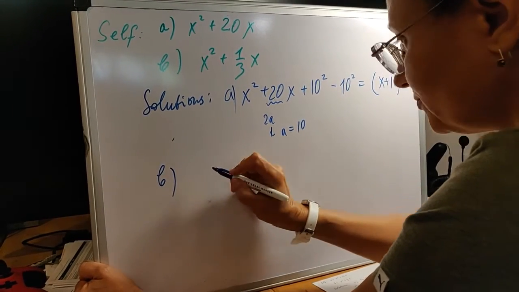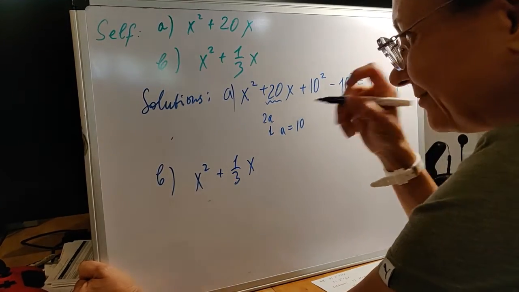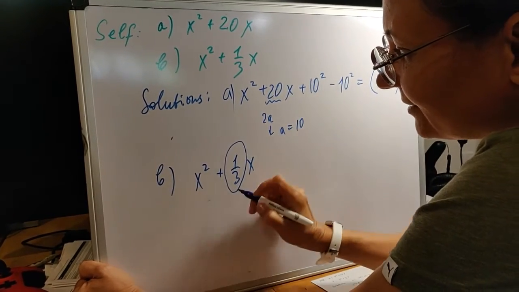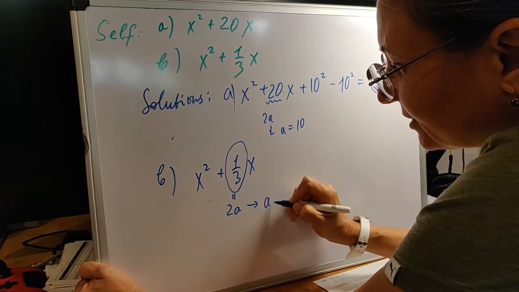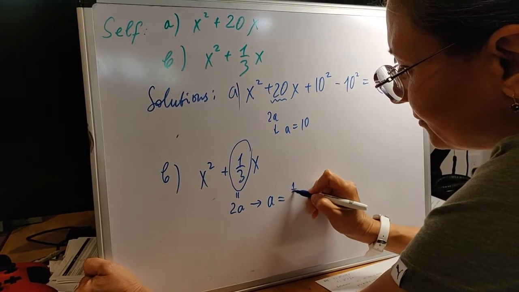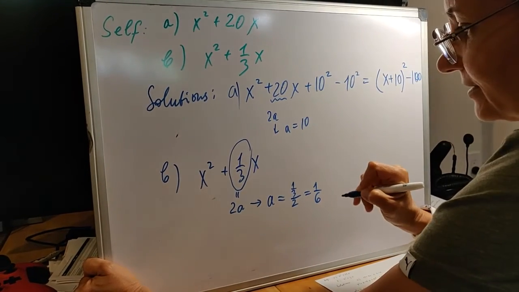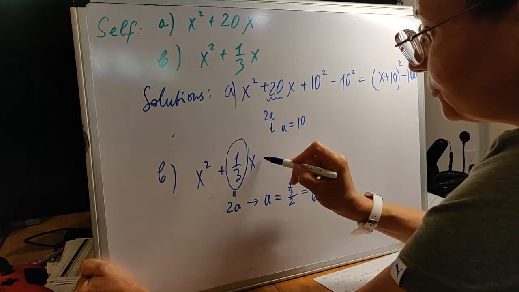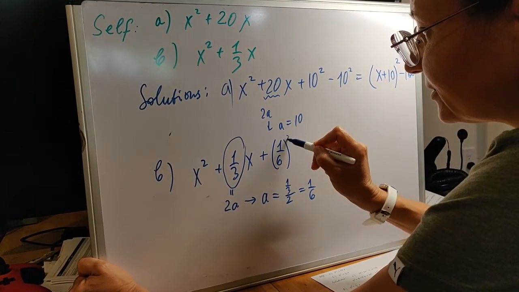Problem B is going to be x squared plus 1 over 3x. Well, again, this number is actually 2a, from where we can find out that a equals 1 over 3 divided by 2, which is going to give us 1 over 6. So I'll need to add here 1 over 6 squared, because it's a squared.